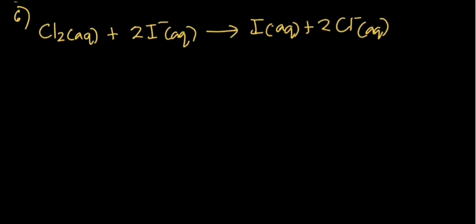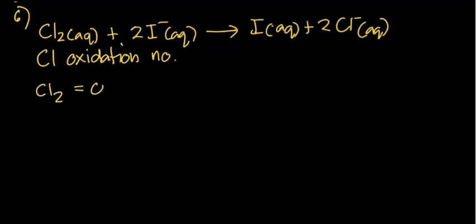So for oxidation numbers, for chlorine on the left side, Cl2 has an oxidation number equal to 0.